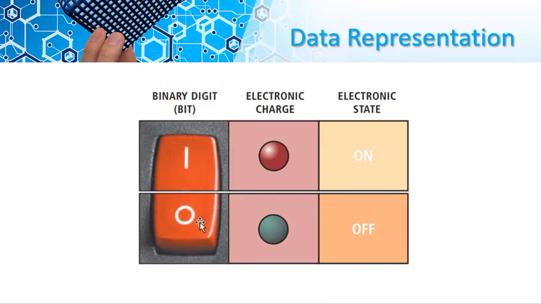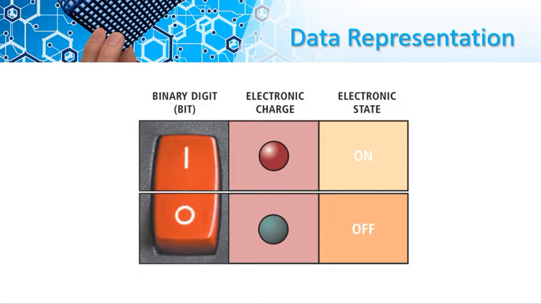Then the digit 1 represents the electronic state of on. So if 1, there is current; if 0, there is no current. So that is 1 and 0. I gave this example so we can relate to it.